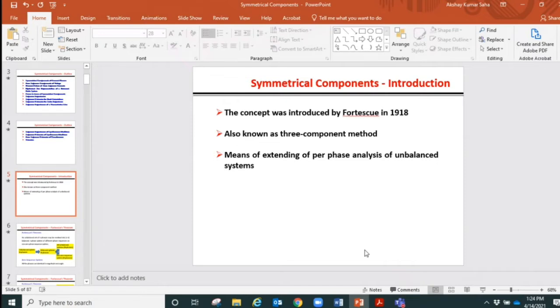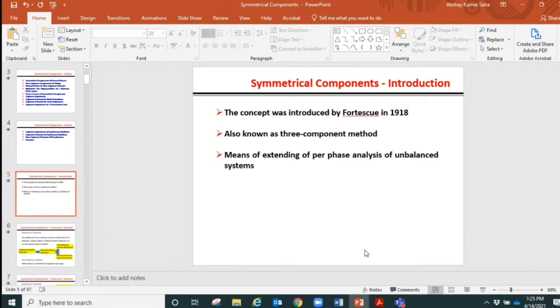The reason is that it's easy. What is an example of an asymmetrical fault? A single line to ground fault. We are always talking about a three-phase system and not a single-phase system. So, three-phase AC system, single line to ground fault. If any phase A, B, or C is grounded, it's easy for it to get connected to the ground, as compared to all three phases being connected together. That's a rare chance.